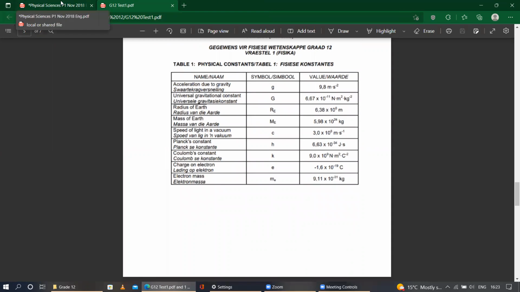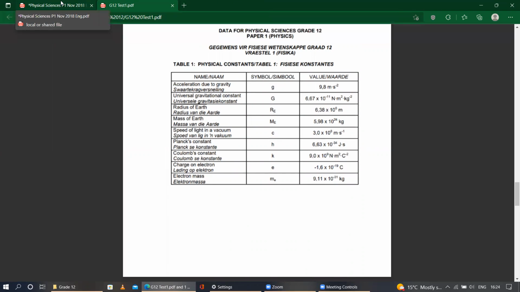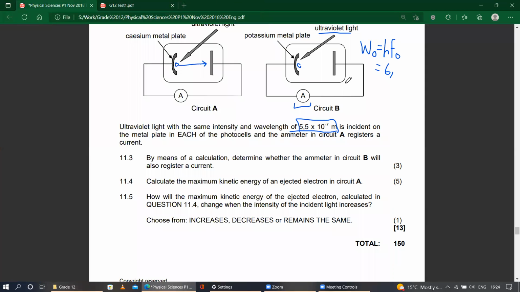6.63 times 10 to the exponent negative 34.